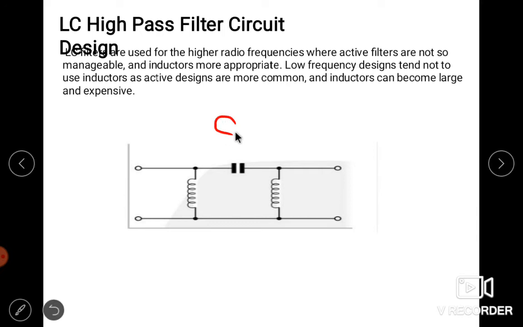What is the value of capacitor we have taken, and what is the value of L while designing the high pass filter? How did you take the actual value of each component to fit it over here?